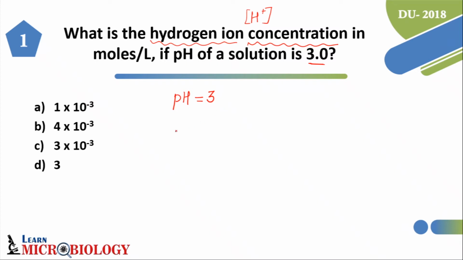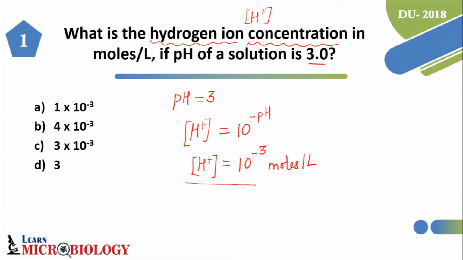We have a very simple formula that we just did in the last slide, and that is hydrogen ion concentration will be equal to 10 raised to minus pH, and that is 10 raised to minus, what is the pH provided? That is 3, and it's going to be moles per liter. So this is going to be the answer for the question.